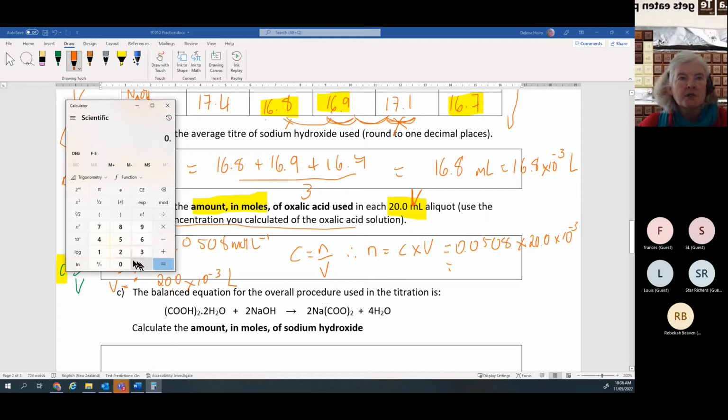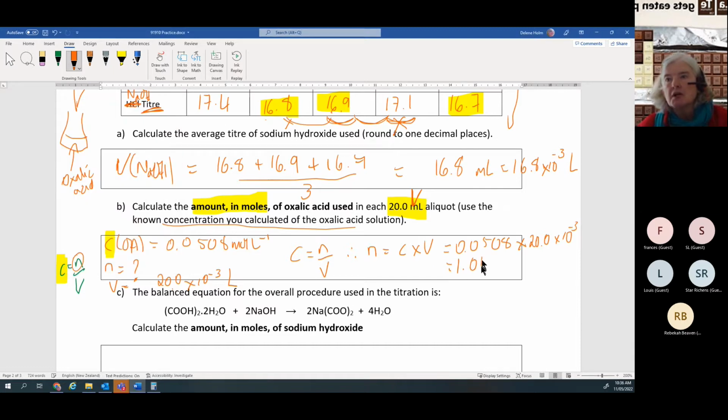So here it's basically 0.0508 times 20 exponential 3 minus is equal to. And you can use your FE button just if you want to make things easier. So it's 1.016 times 10 to the minus 3.